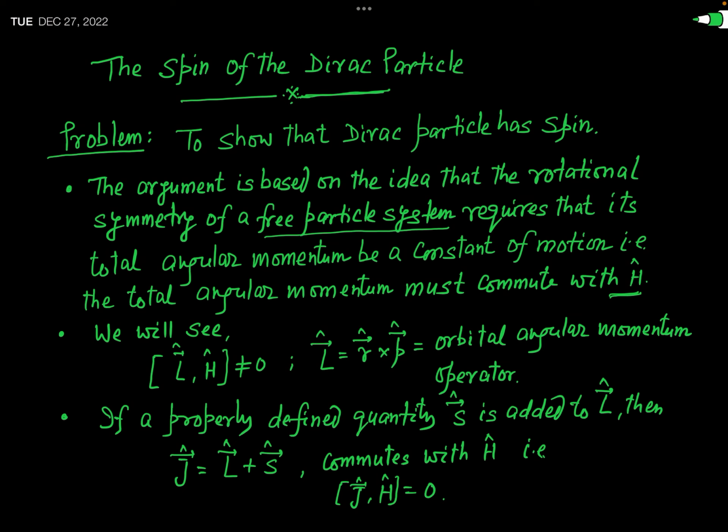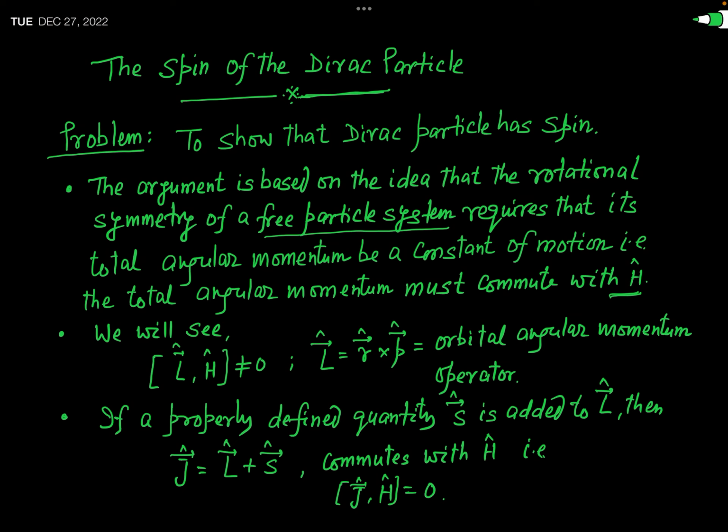But how? In fact, before the hypothesis of Uhlenbeck and Goudsmit regarding spin, it was believed that a particle has only one type of angular momentum, and that is called orbital angular momentum.